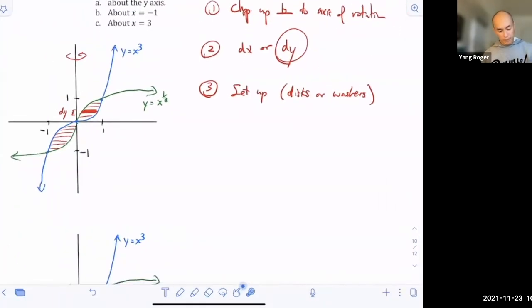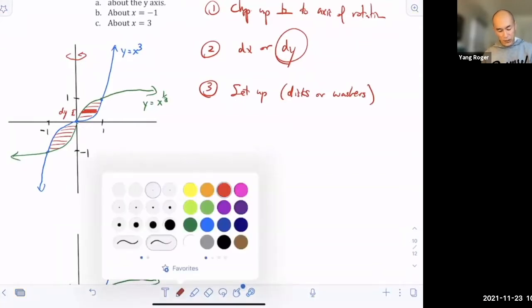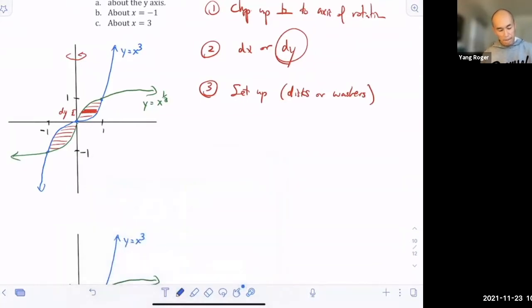So when we do that first piece, we know that it's going to be a dy integral. But for this first piece, we want to know what is the smallest y can be and what is the biggest y can be. I'm working with this shaded region right here. I'm going to shade it in yellow.